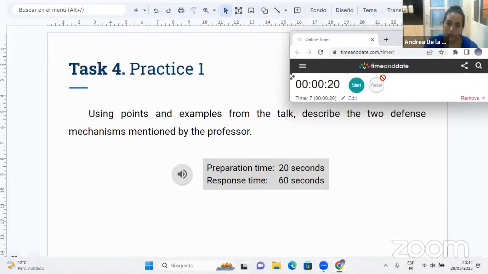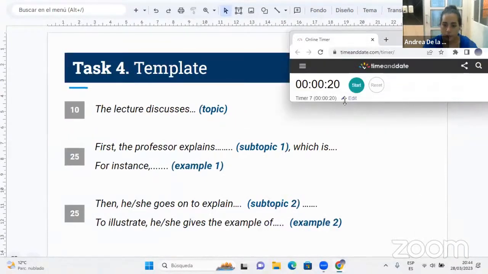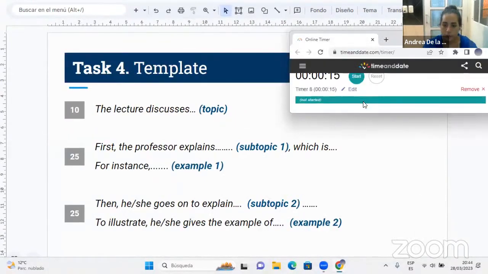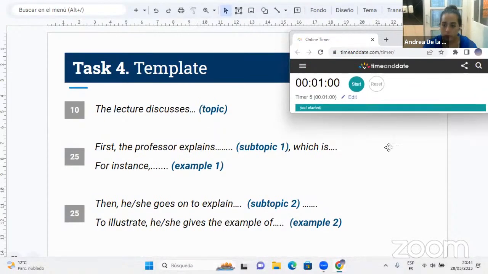Okay. So, is there anyone who would like to try? Okay, just give it a try, give it a shot. It's going to be your first time, so don't worry if it's not perfect. It doesn't have to be.